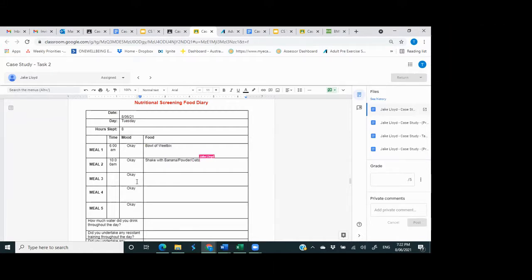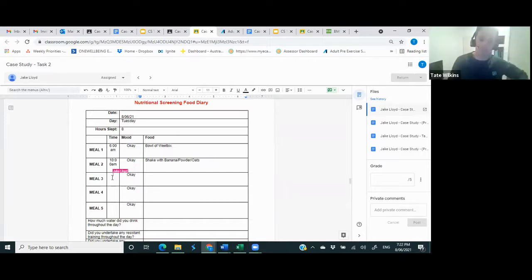Meal 3. Lunch. 1 p.m. lunch. What did I have? I had tuna roasted actually. That was good. So I had 2 cans of tuna, a cup of rice.